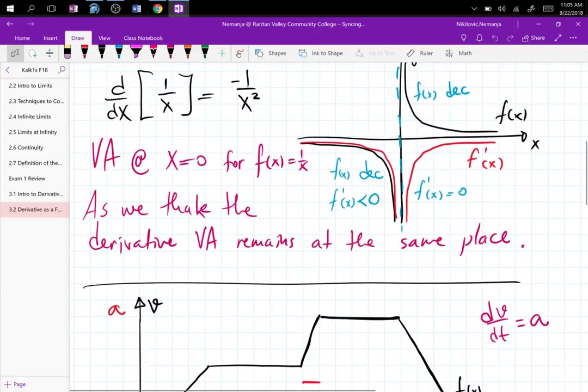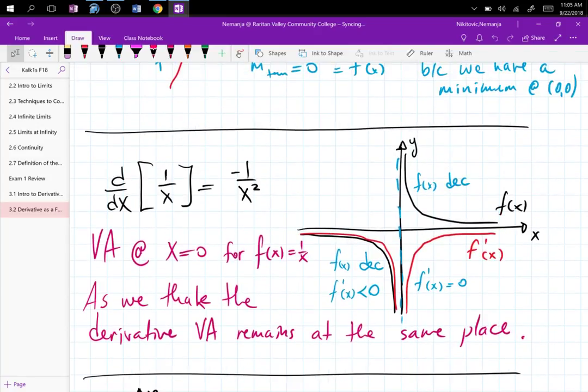You are supposed to be able to draw the derivative function, which is red, by given the original function, black, right, in each of our examples. Number 1, preserve vertical asymptote. So if function f of x has vertical asymptote, the derivative will have the vertical asymptote at the same spot. Number 2, every min, every max will immediately give you a 0 on the derivative, so it's going to cross x-axis at that value.